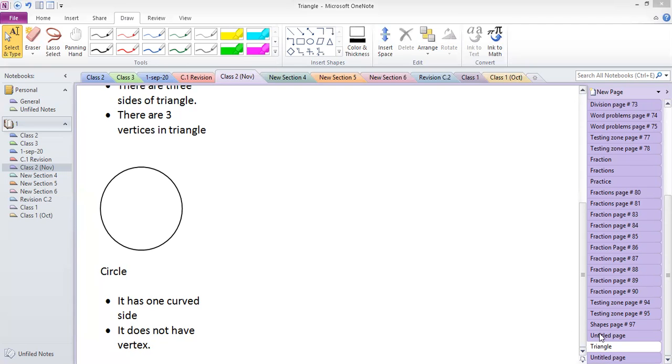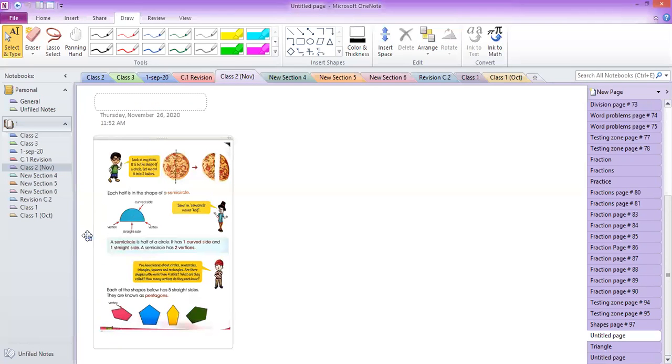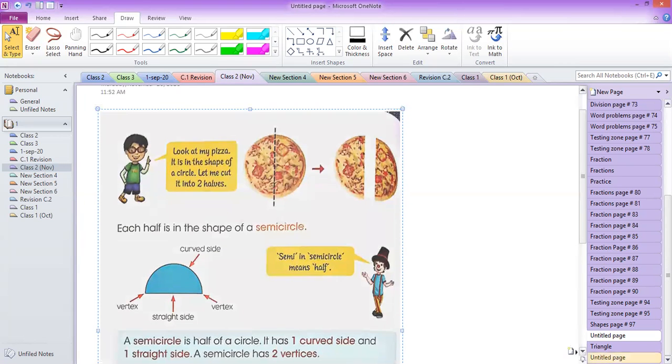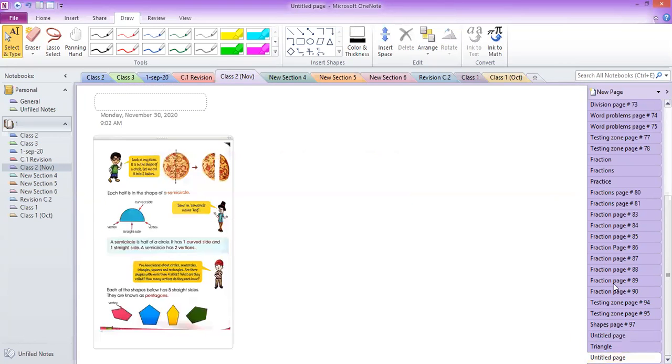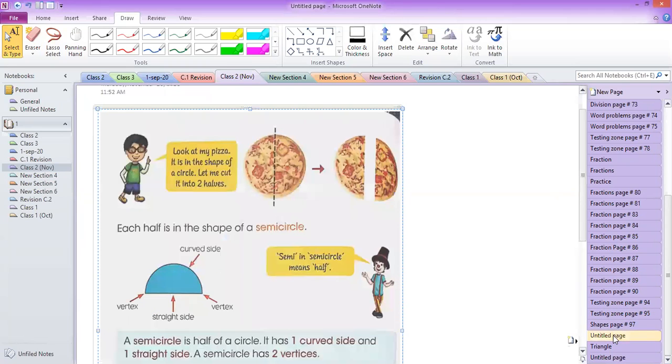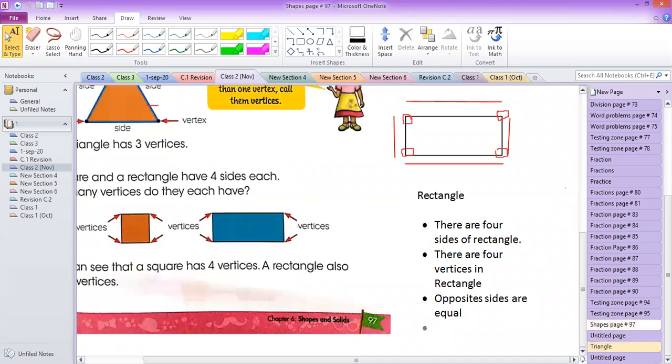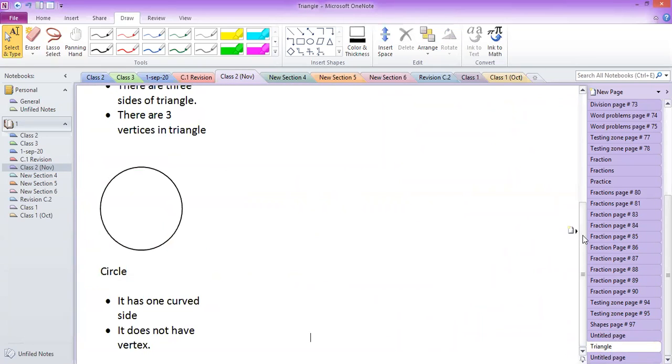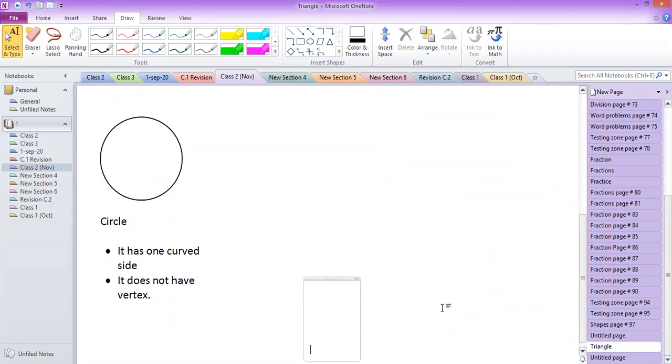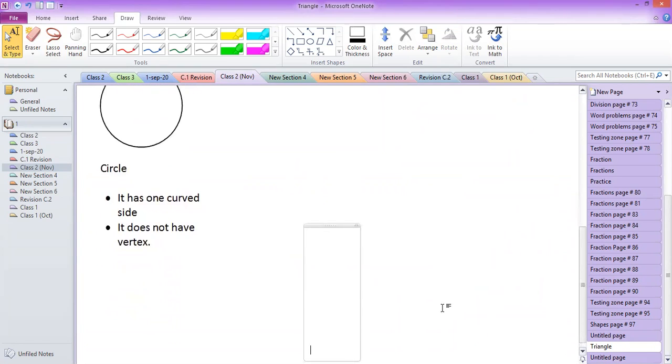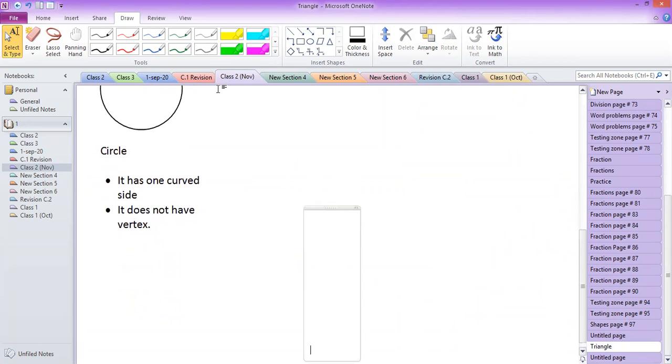Now we have to study one more shape, that is the semicircle. Guys, look here. What if I divide this circle?